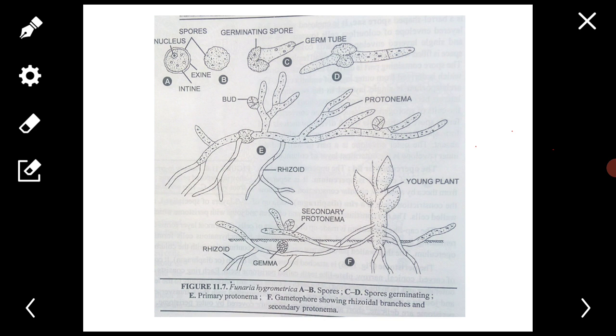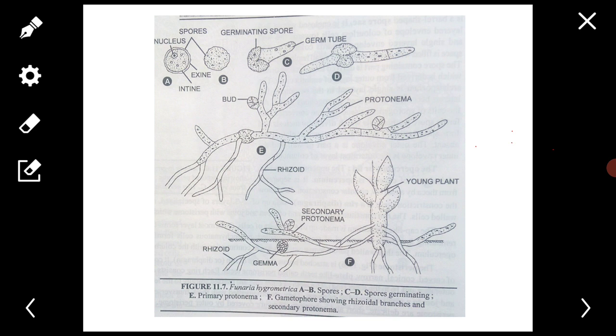These filamentous protonema may develop buds, and these buds serve as the means of vegetative reproduction. That is the next way of vegetative reproduction, that is gemmae.